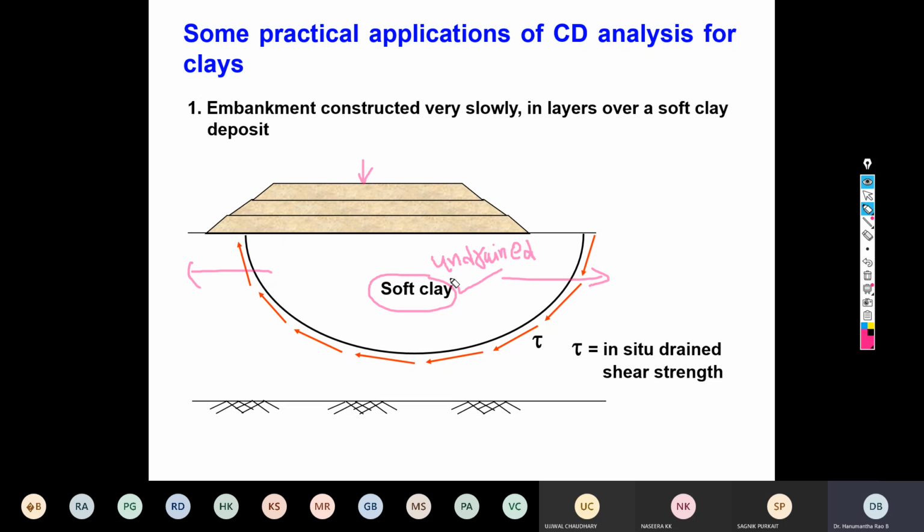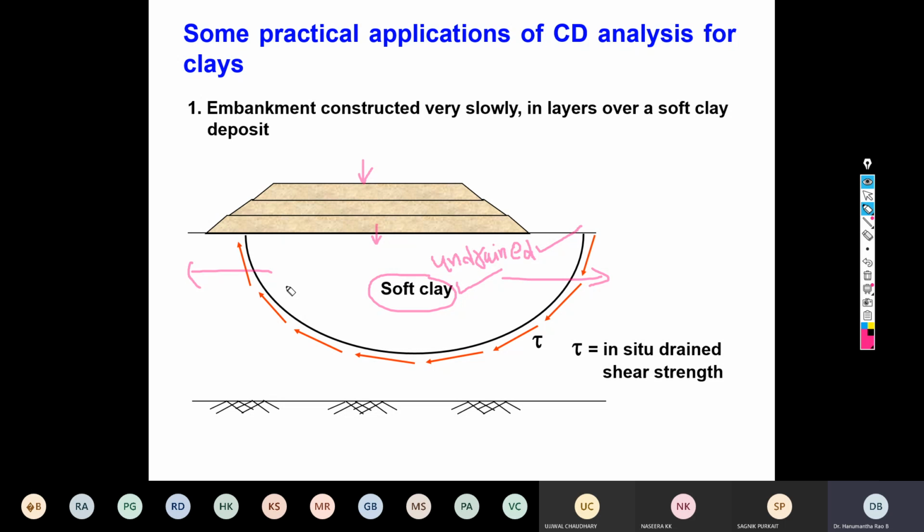If there is water, then the drainage condition comes into the picture. So when the load is applied initially, the undrained condition prevails. If you don't take care of this undrained condition properly, you are going to end up with failure of the slope.